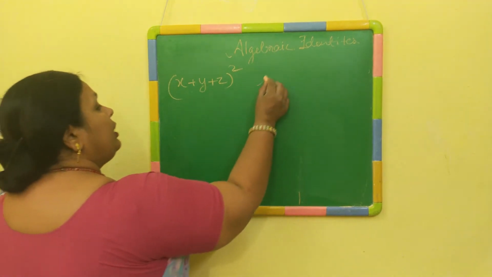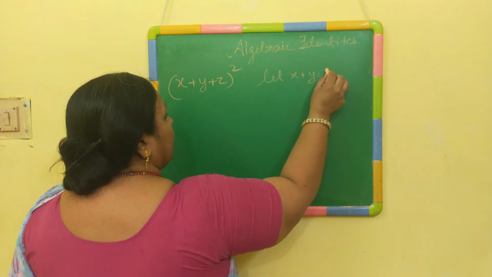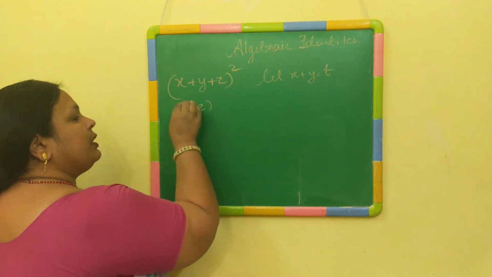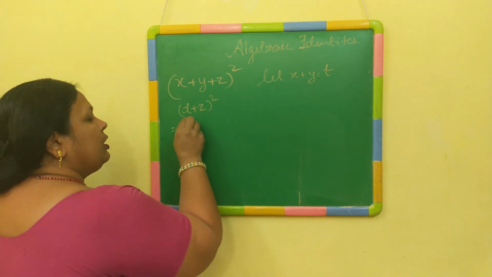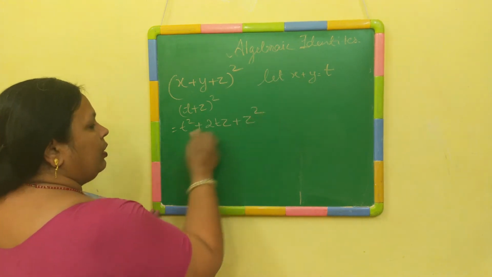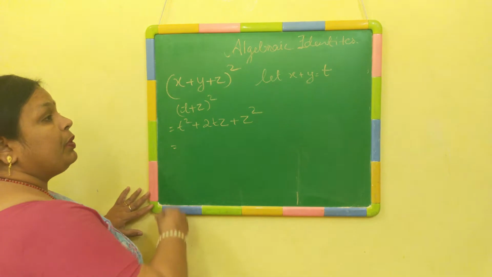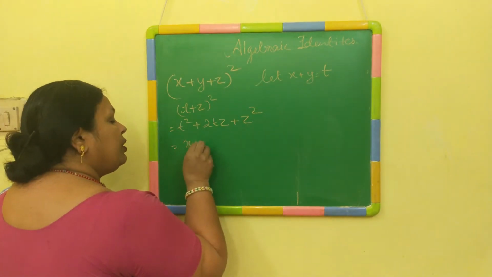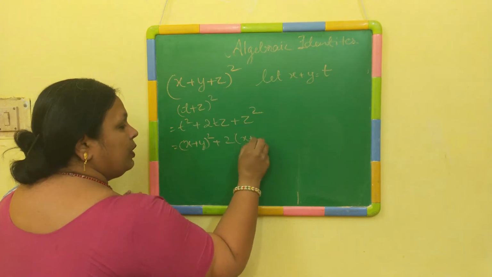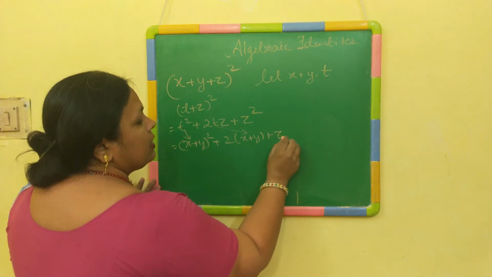How? Let x plus y be t. If it is t, then this becomes t plus z whole square. That is t square plus 2tz plus z square. Now exactly substitute what t is. T is x plus y, so it is x plus y whole square plus 2 into x plus y, we are substituting t here and t here, plus z square.